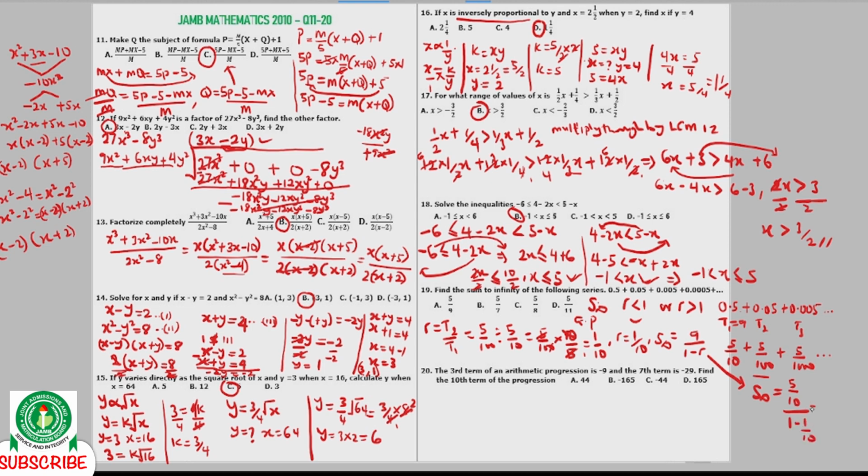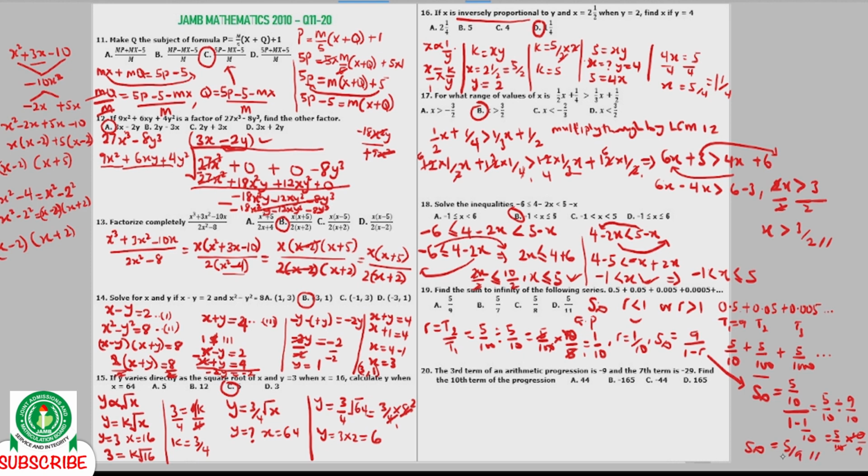The numerator 5 over 10 is divided by 1 minus 1 over 10, which gives 9 over 10. Changing division to multiplication, we have 5 over 10 multiplied by 10 over 9. The 10 cancels 10, so our sum to infinity is 5 over 9.